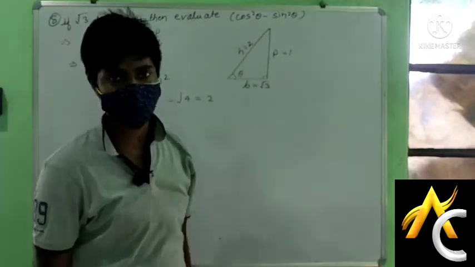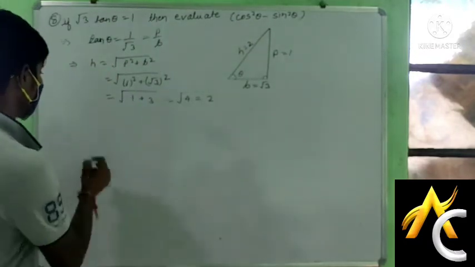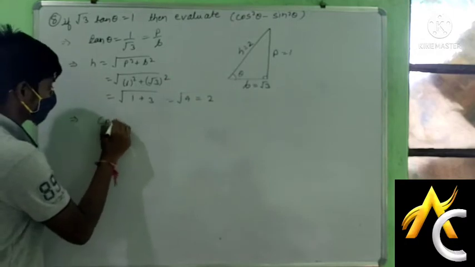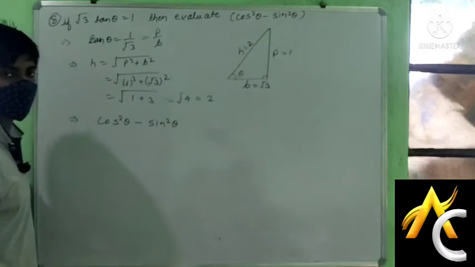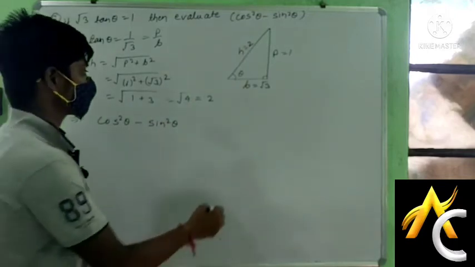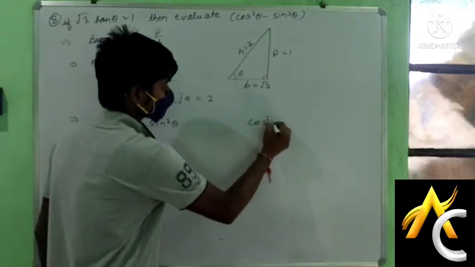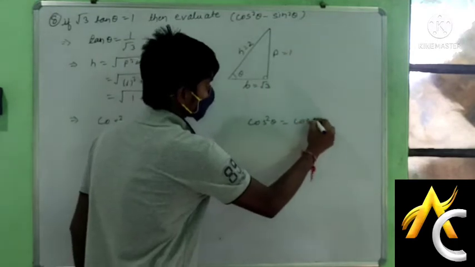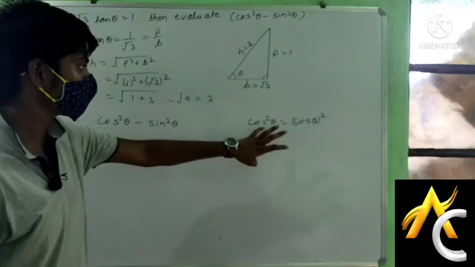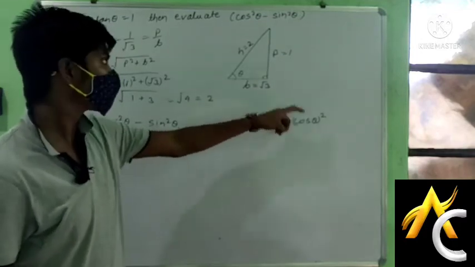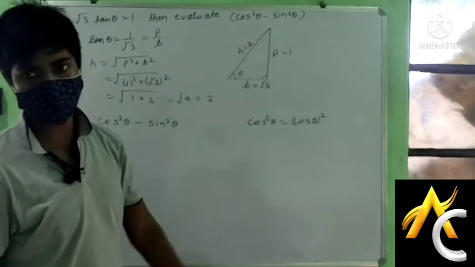square theta minus sin square theta. That implies cos square theta minus sin square theta, and always remember that cos square theta means cos theta whole square. Okay, cos square theta means square of cos theta. Similarly, sin square theta means square of sin theta, and so on.